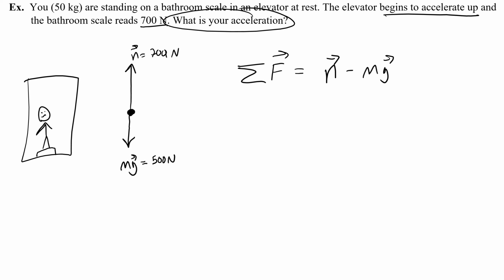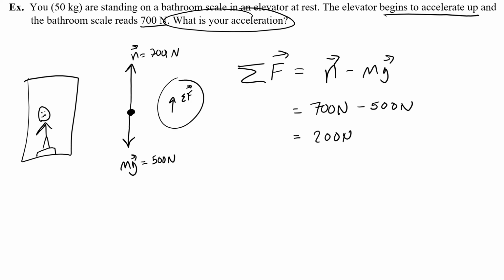Okay, so that's how I find the net force, which is 700 newtons minus 500 newtons. That gives me 200 newtons, and it's a positive net force. I might draw that off to the side to remind myself there's a positive net force. Remember, never draw the net force on the free body diagram. That's a big no-no. Only the forces. Okay. But anyway, so the net force is 200 newtons.